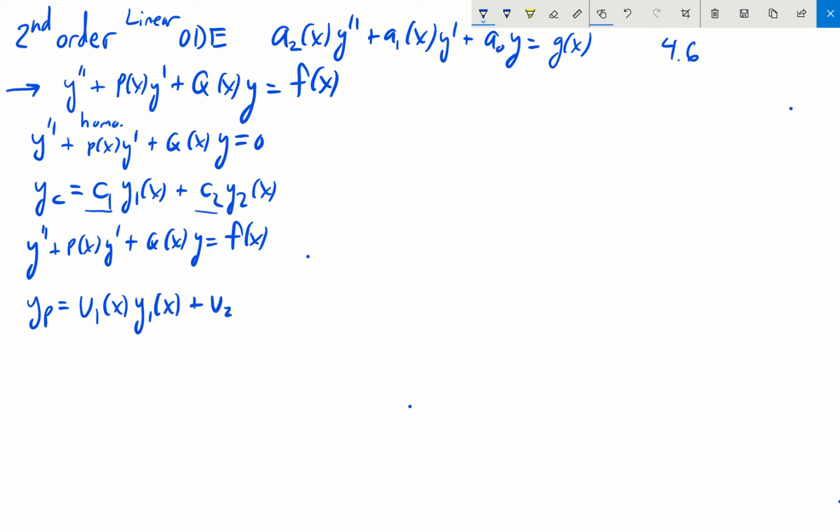Will this actually work? So is y sub p of the below form? In other words, we're trying to utilize our y sub c as much as possible in order to help us construct y sub p. And the answer is yes. This can be done.